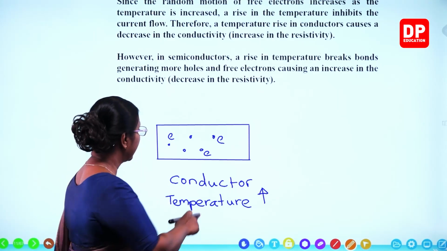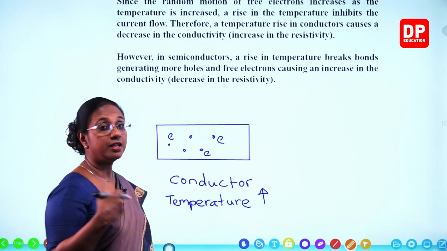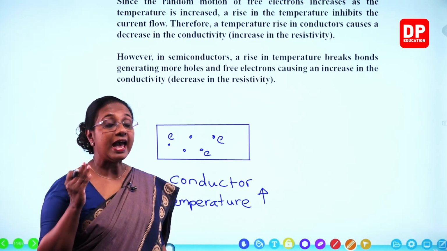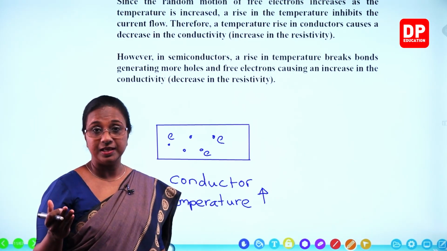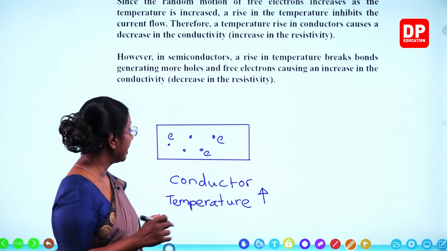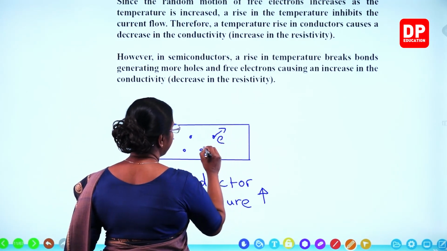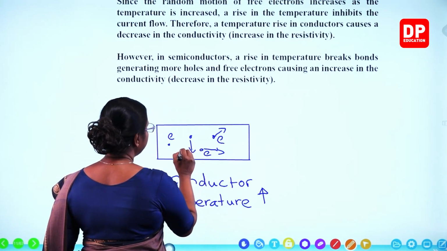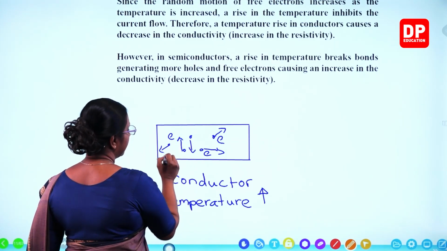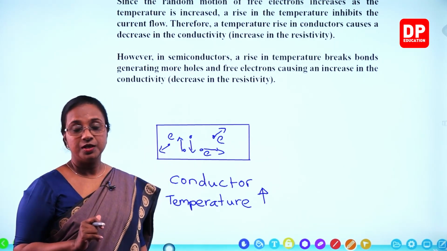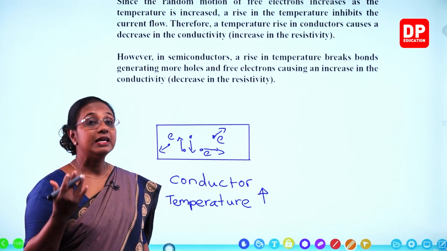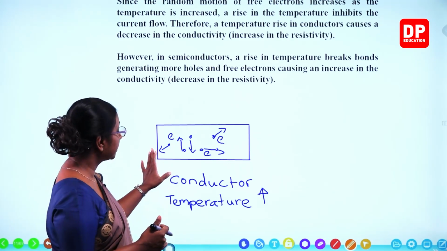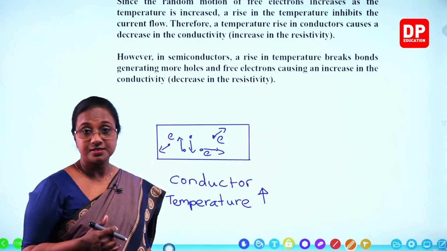So because of that, the electrons also get more kinetic energy and therefore they start moving randomly, not in an orderly manner. Instead, they start moving in all different directions. Because of this increased random movement, the resistance of the conductor increases.